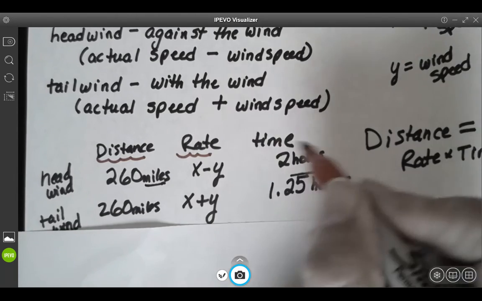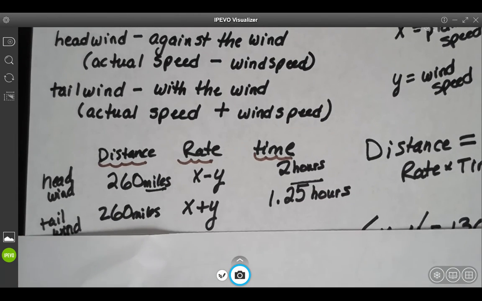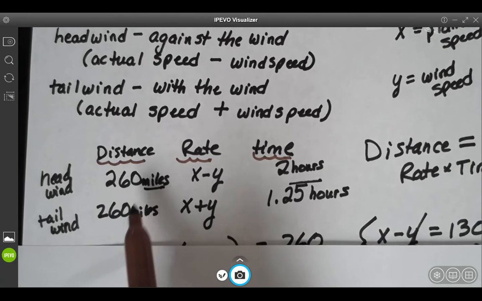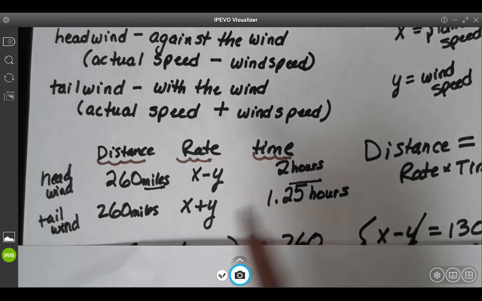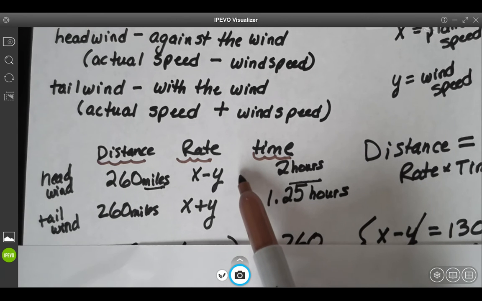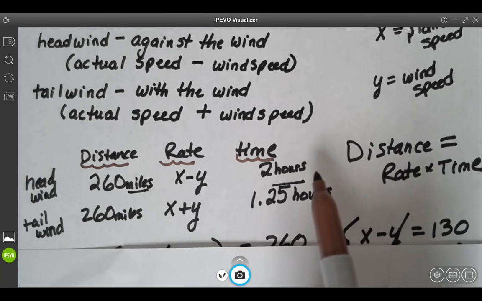The chart has distance, rate, and time. With a headwind, distance is going to be the same for headwind and tailwind. Going into the headwind, your rate is x minus y, the plane speed minus the wind speed, and our time is 2 hours.